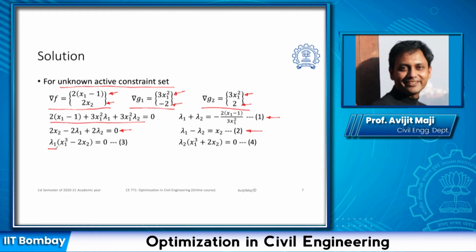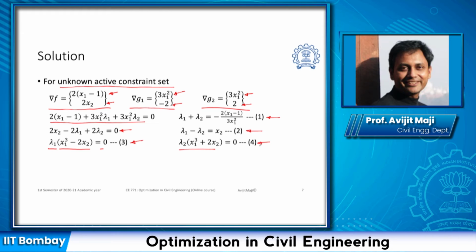The Lagrange multiplier multiplied with the constraint is equal to 0. So this is my third equation. For the second constraint we do the same thing, which yields the fourth equation.